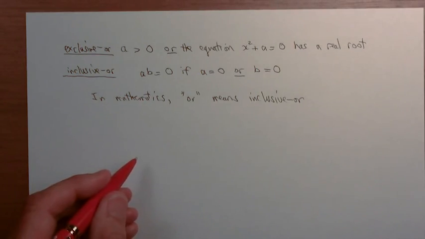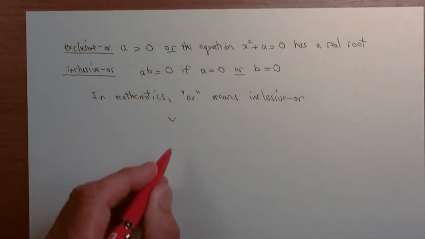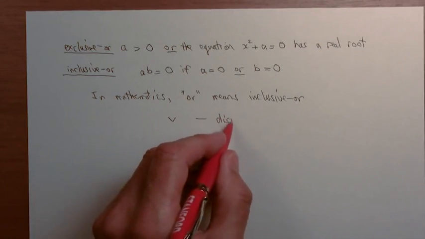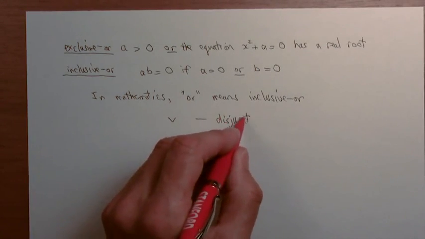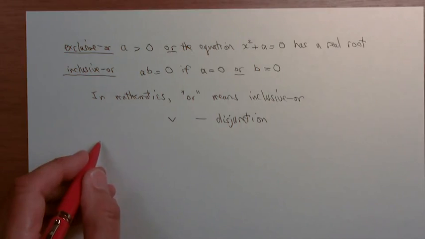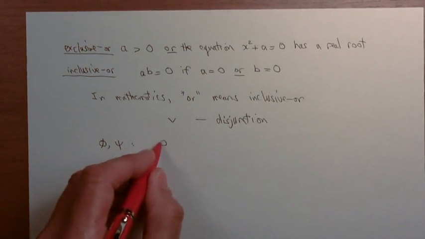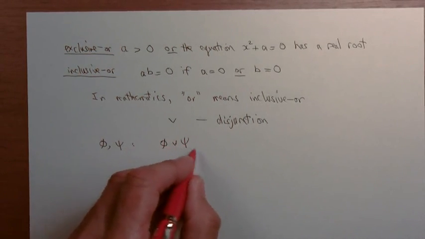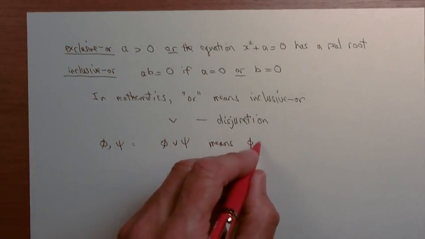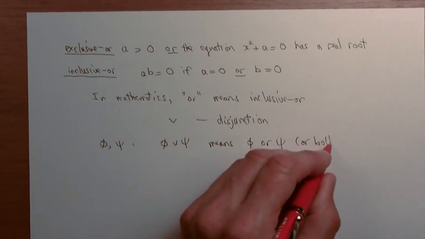The mathematical symbol we use to denote the inclusive or is a V symbol. It's known as the disjunctive symbol. So given two sentences phi and psi, phi v psi means phi or psi or both.